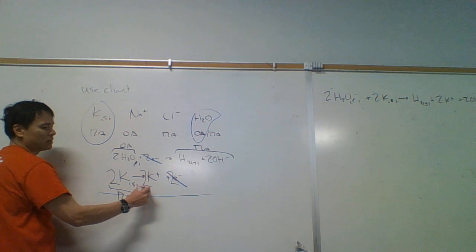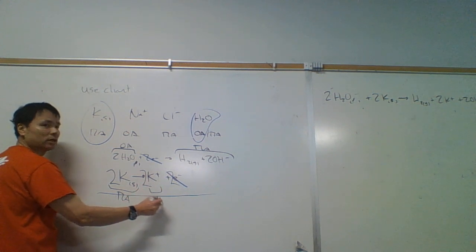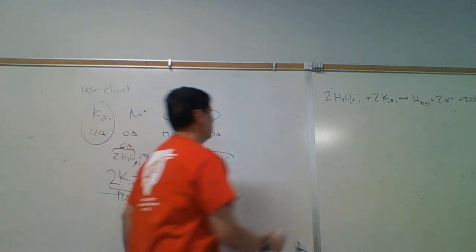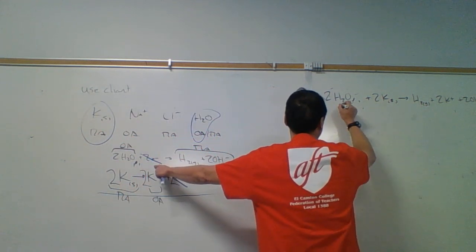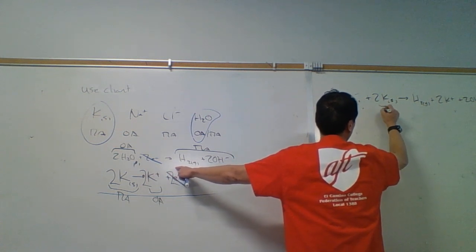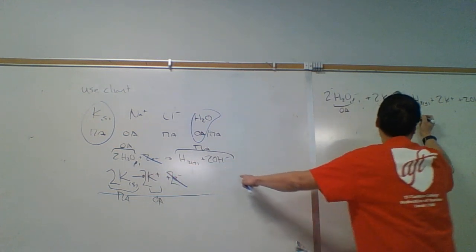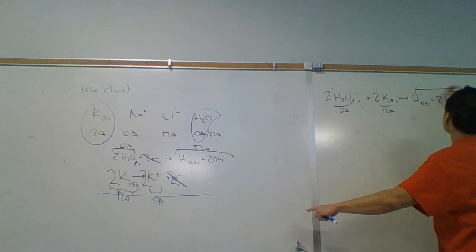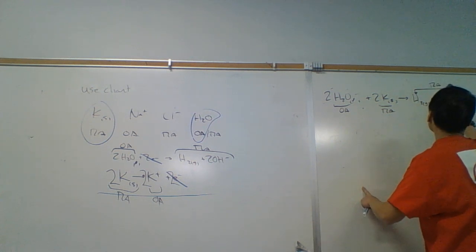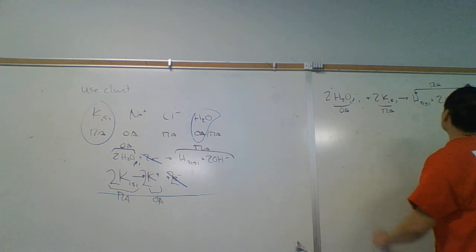If that's the reducing agent, the potassium ion must be its conjugate oxidizing agent. And so we'll use this to figure it out. This is our OA. This is our RA. Now hydrogen and hydroxide, I should have split them up, is our RA, and potassium ion is our OA.